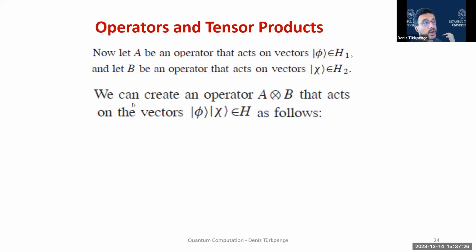So we can write an operator A multiplied by B that acts on vectors phi and psi as follows.